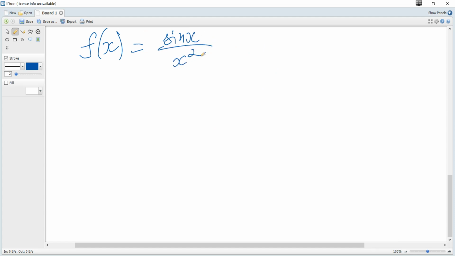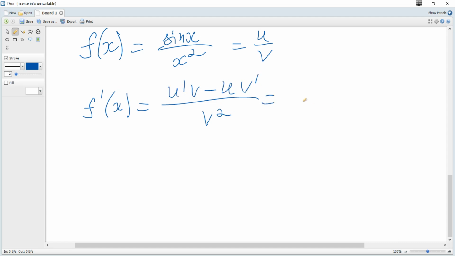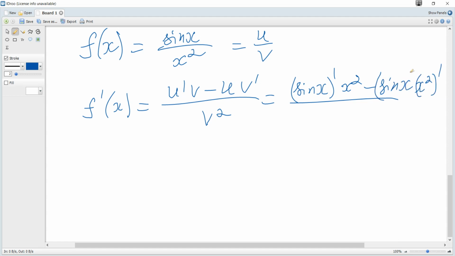Here you can see that there is a division of two functions, and we can consider it as u over v, and the derivative is equal to u prime v minus u v prime over v squared, so it becomes the sine x derivative times x squared minus sine x times the x squared derivative, over x squared squared. And you need just to find derivatives and simplify and write the final answer.